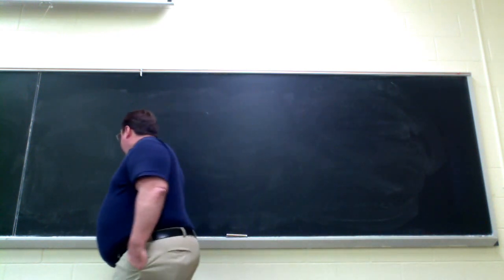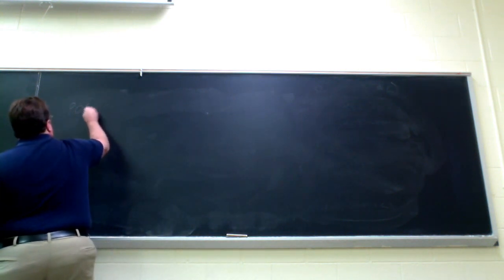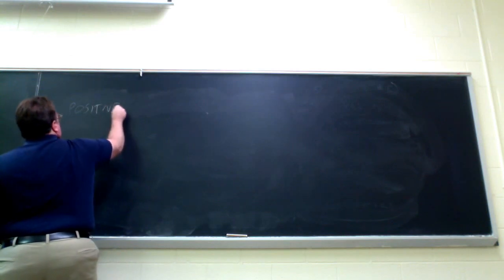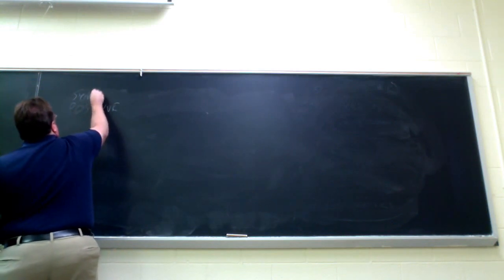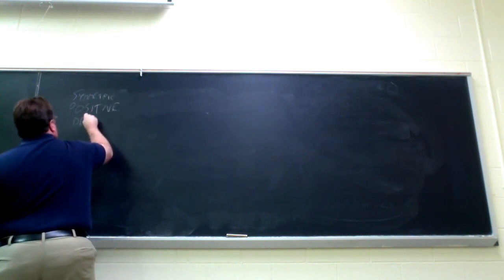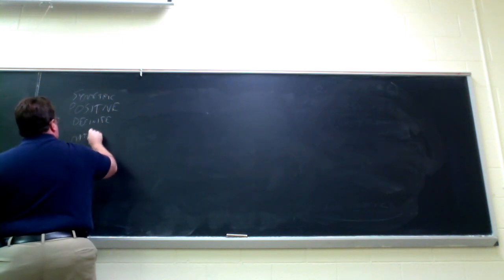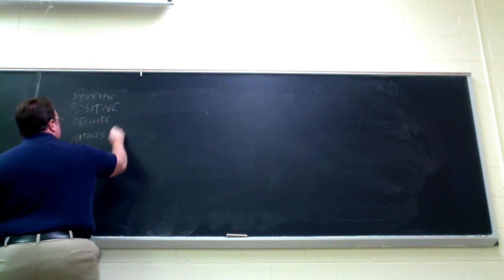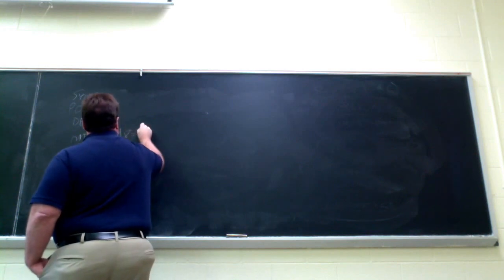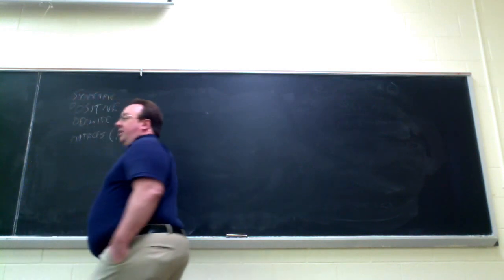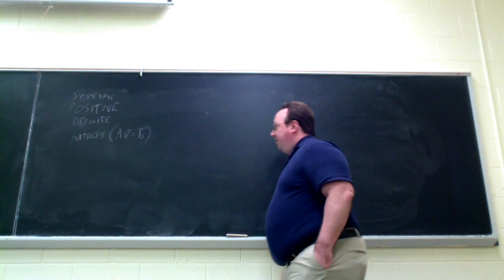Okay, so first I want to give some context to start things off. The only kind of matrix we're going to be dealing with today is symmetric, positive definite matrices. And as usual, we are concerned with solving Ax = b.